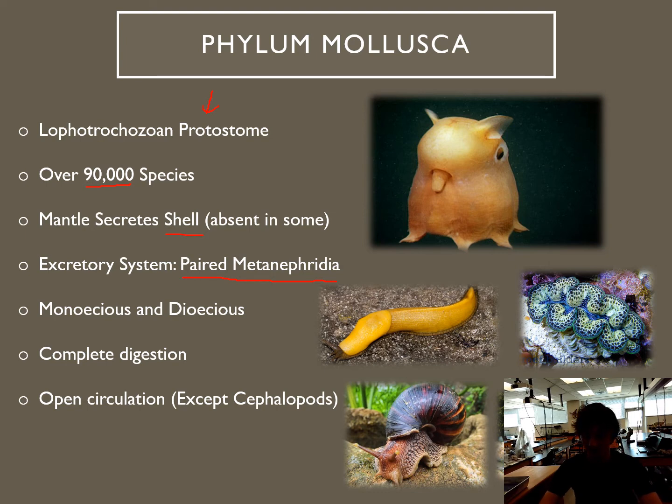We also have both monoecious and dioecious species, so you'll have some species that are producing both male and female gametes, or other species that are just producing a single gamete, whether it's male or female, depending on that individual. We have a complete digestive system, with 2 distinct openings for the mouth and the anus, and the same thing is found with the phylum Annelida that you saw a couple minutes ago.